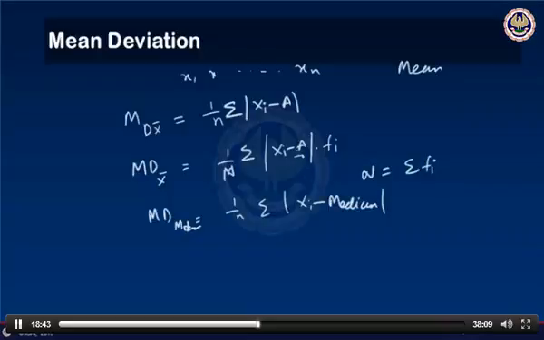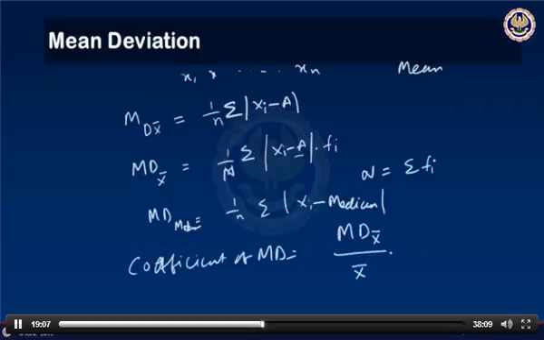we simply replace the value, in the case of mean, with the median. The coefficient of mean deviation from the mean is the mean deviation about the mean, that is x bar or A, divided by the respective average, into 100.